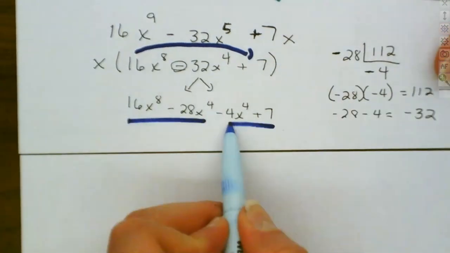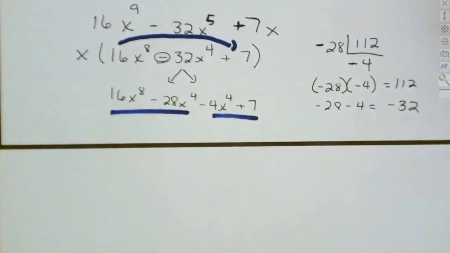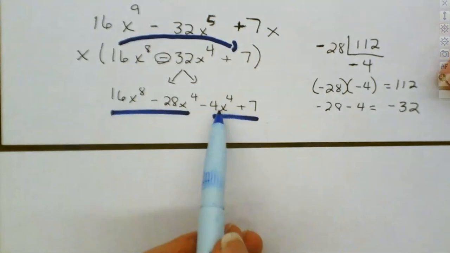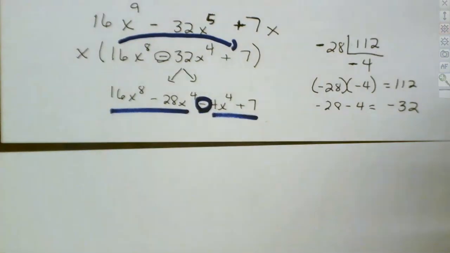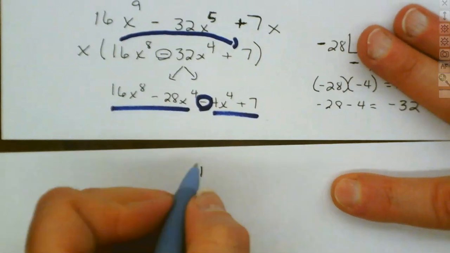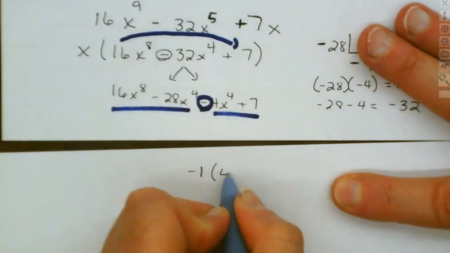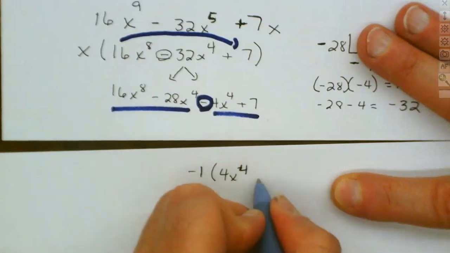Okay, now what I'm going to do to make it easier on myself, to make sure I factor it correctly, let's do the last one first. 4 and 7, they have nothing in common. But it does have a negative, so I'm going to go ahead and factor out a minus 1. And that's going to leave you then with a 4x to the 4th minus 7.